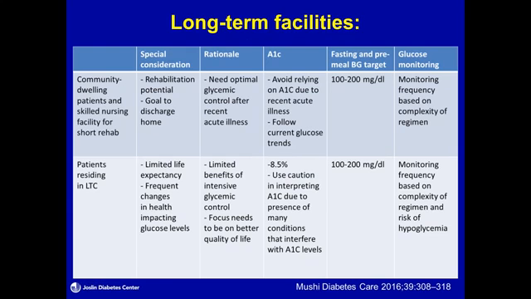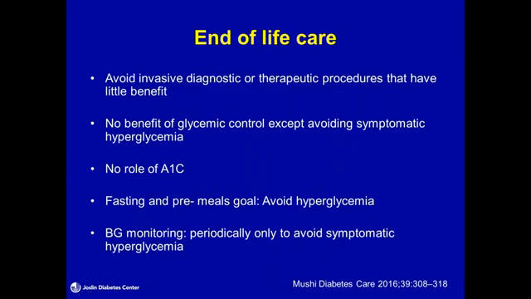I want to briefly give a few words on long-term facilities. Patients in long-term facilities have a limited life expectancy, so A1C should be 8.5. Mostly it is the fasting blood glucose, which should be between 100 and 200, that we want to monitor, and we want to monitor according to how complex the therapy is.